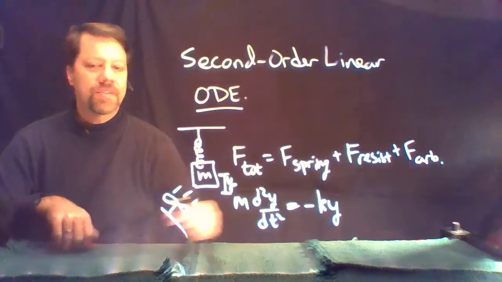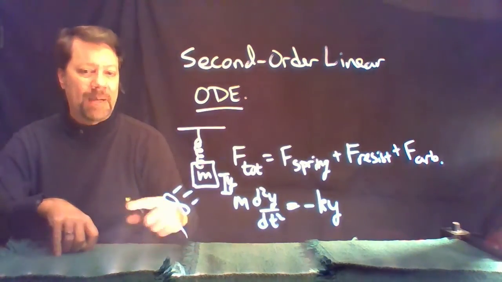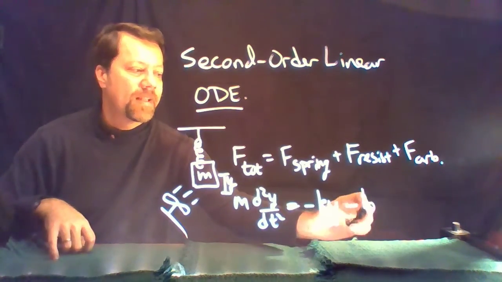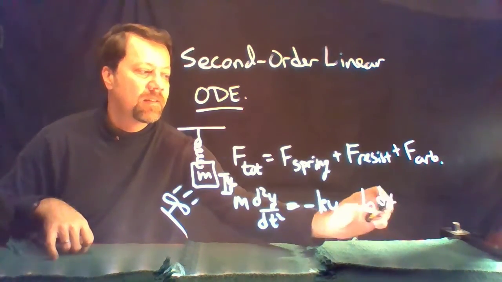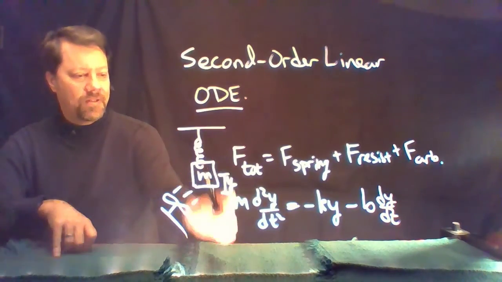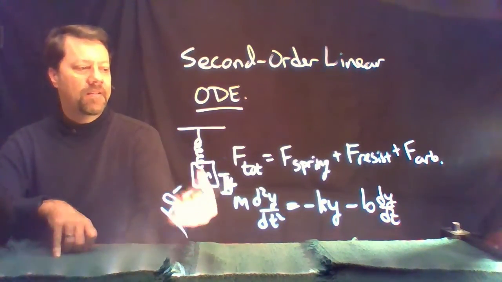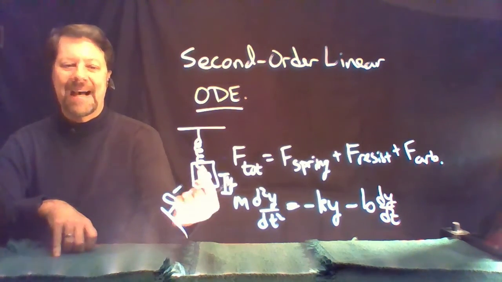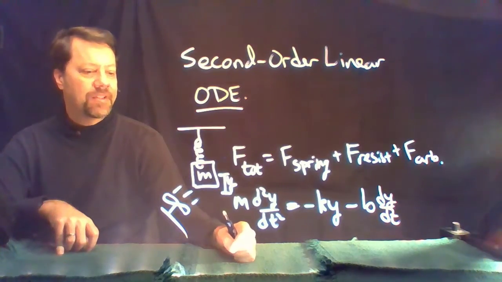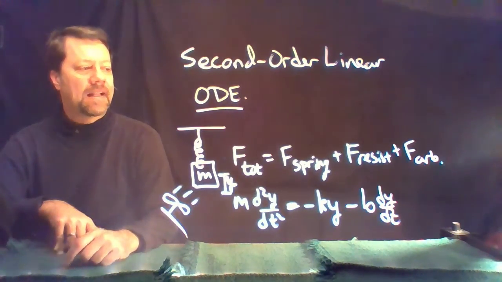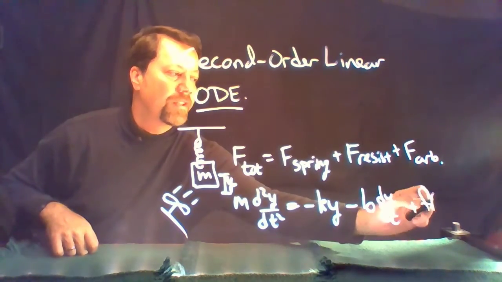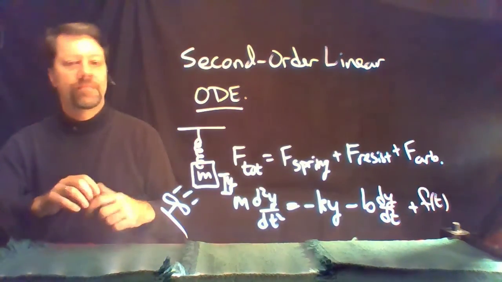The resistance should be proportional to the velocity, but it goes in the opposite direction of the velocity, and that's why it's minus b dy/dt. If y is increasing, then the force of resistance should be in the opposite direction. It should be in the negative direction. Finally, the arbitrary force at the end can be any function of t at all.